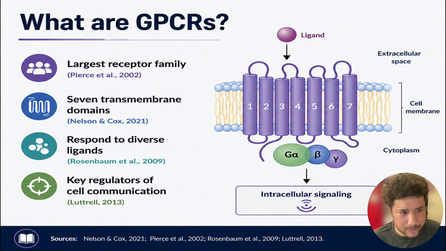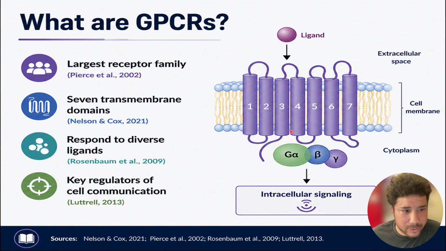The phrase integral membrane protein means that the receptor is embedded within a phospholipid bilayer, so it's on the outside of the cell, as we can see here. This is our phospholipid bilayer here. So it's there rather than loosely attached to one side of it.